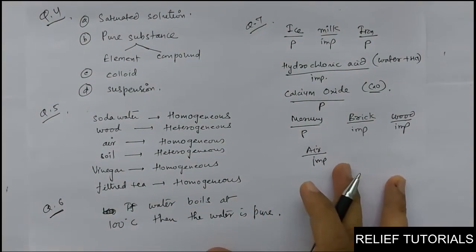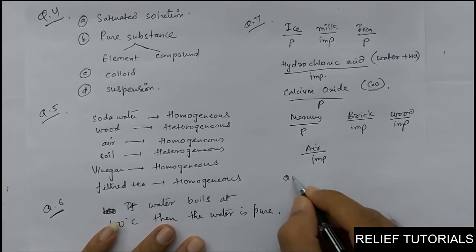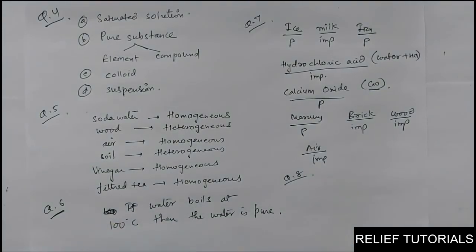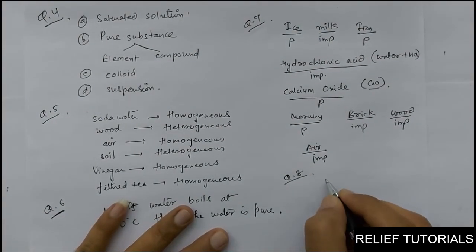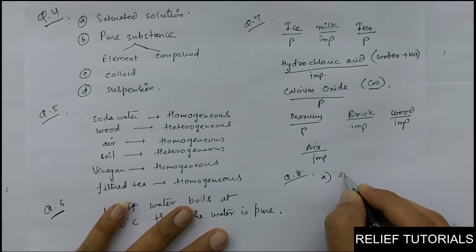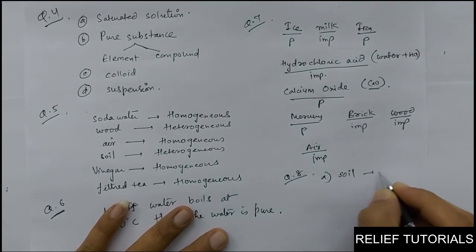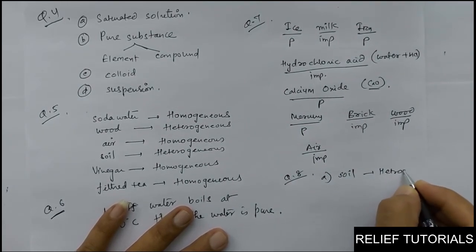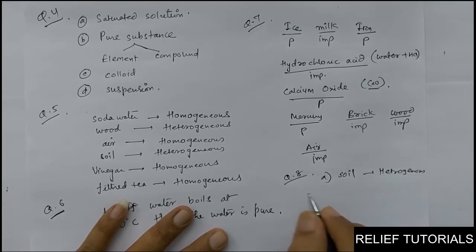Question number 8. Identify the solutions among the following mixtures. Type of solution we have to give. Soil, it's heterogeneous. Just recently we have seen this. It's a heterogeneous type of mixture. Seawater.